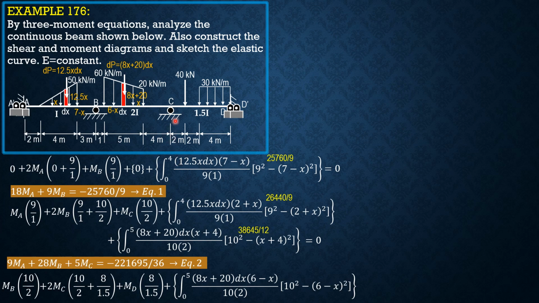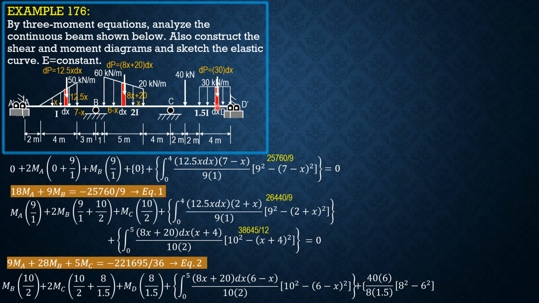While the value of 6 area 2b over I2 L2 for span CD, it consists of this concentrated load 40 times 6 all over 8 times 1.5, quantity 8 square minus 6 square. For this uniform loading, dP is 30 dx.